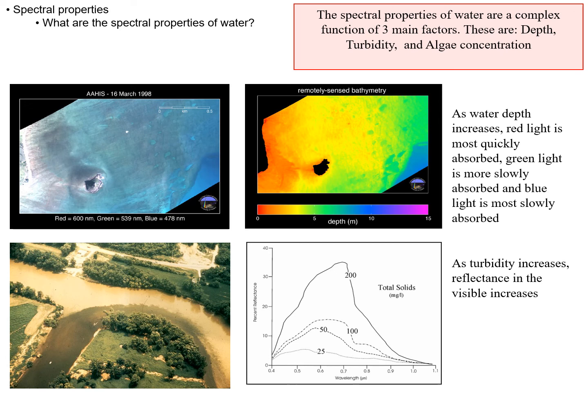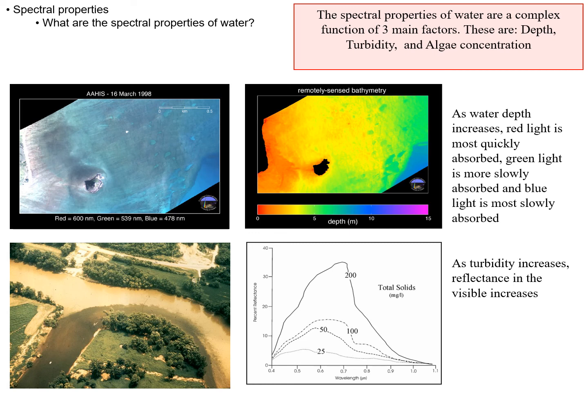Light comes in, interacts with the water, and then it might interact with something dissolved in the water, and then it might interact with water again. So you've got a complex path in the water before it's maybe reflected out to your eyes or a sensor. As water depth increases, red light is most quickly absorbed, green light more slowly, and blue light is most slowly absorbed.